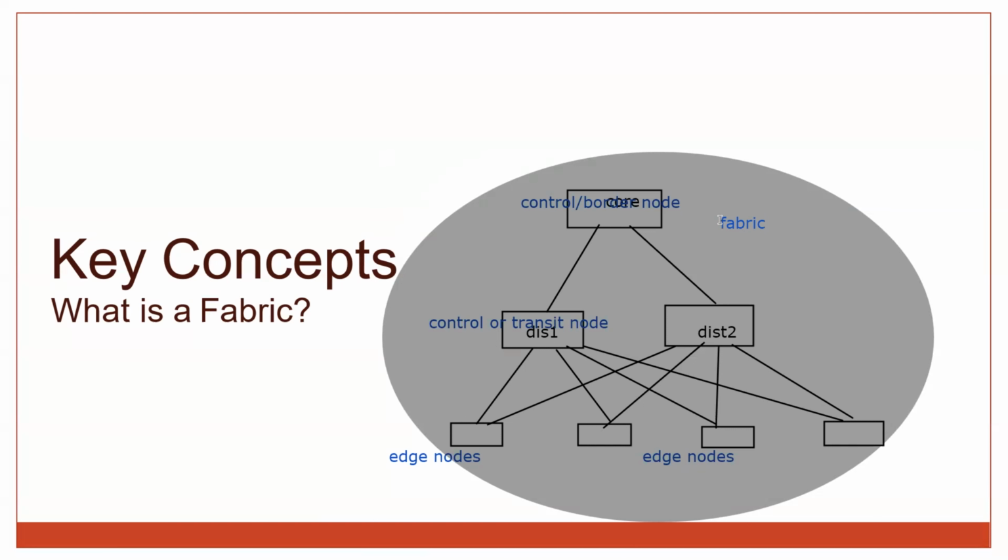Network virtualization is termed a fabric. Either it's a LAN, or a WAN, or a data center, in all these three places we have a definition of fabric. So this is LAN fabric, then you have WAN fabric, then you have data center fabric, right?